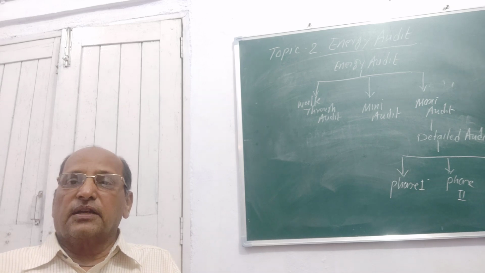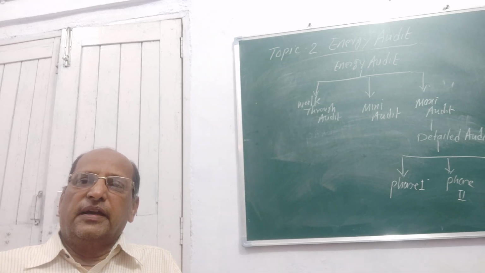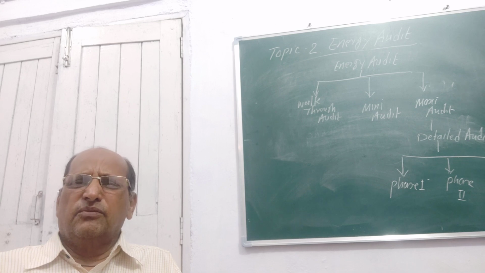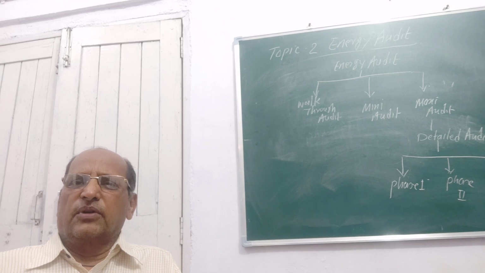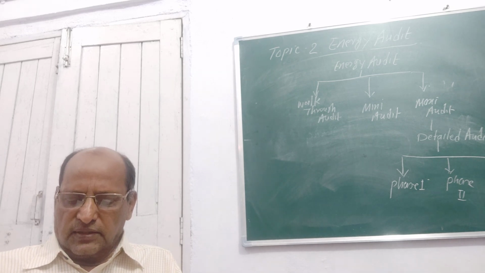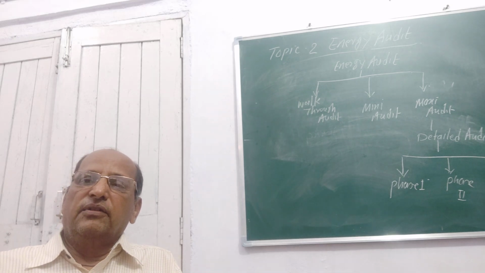SWOT analysis is done in the pre-audit stage, with the help of the head of the plant. There may be a works manager or manager of the plant who is managing all the production system. So discussion takes place with this particular person for SWOT analysis, and he will give all the information required for your calculations.